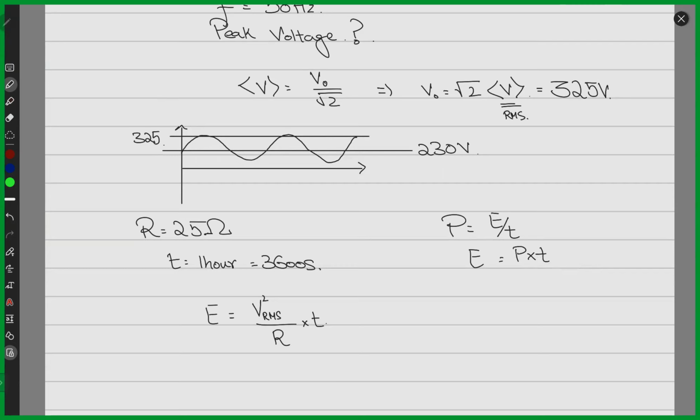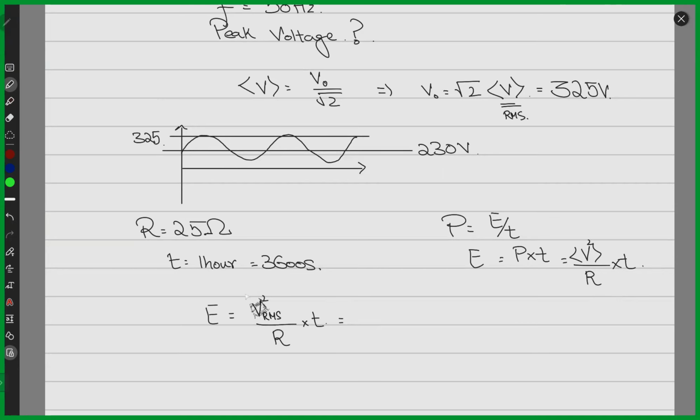The average power for an AC is V average squared over R, multiplied by time to get energy.